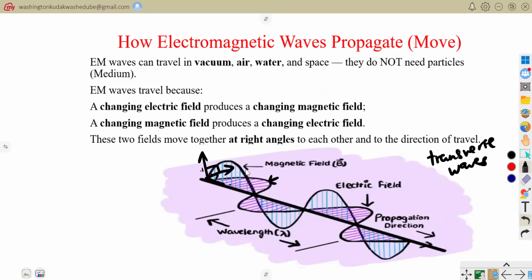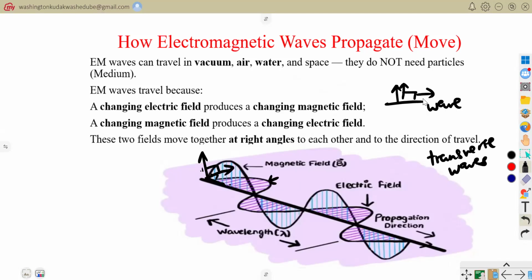Why? Because whatsoever is causing the wave is in the direction that is perpendicular to the propagation of the wave. Just like when we talked about mechanical waves, we said when it comes to transverse waves, the particles of the medium are the ones that are displaced perpendicular to the direction of the wave.